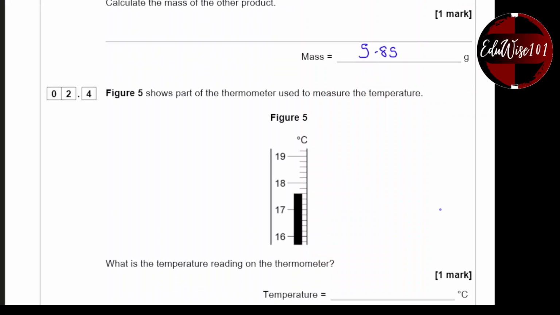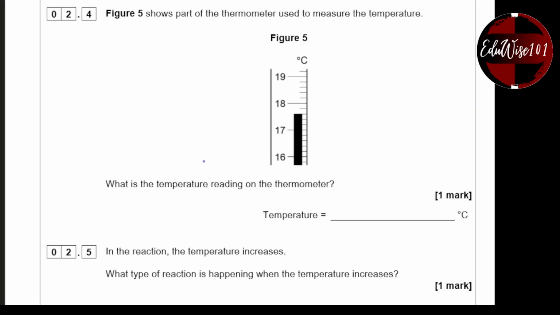Sorry, question 2.4. Figure 5 shows part of the thermometer used to measure the temperature. What is the temperature reading on the thermometer? So you have 17 and 18. There's 1, 2, 3, 4, 5 divisions. So for each degree, it's been split up by 5.